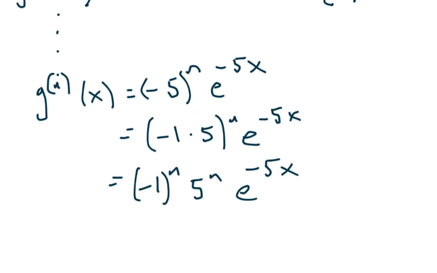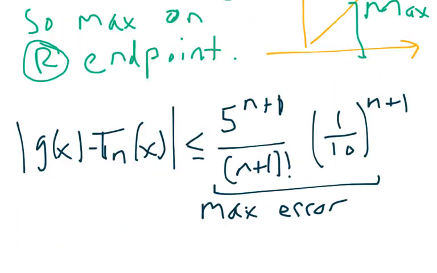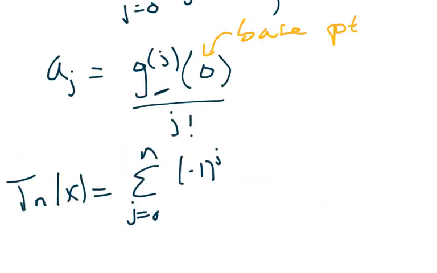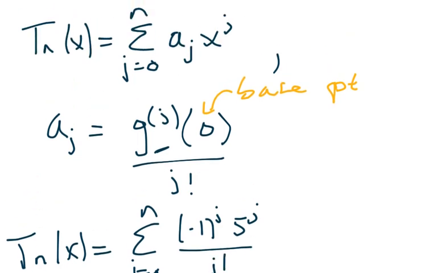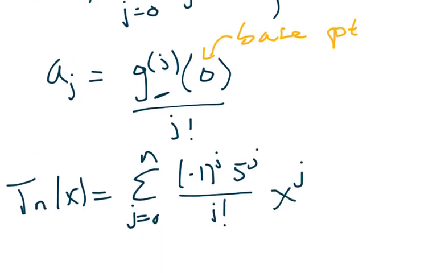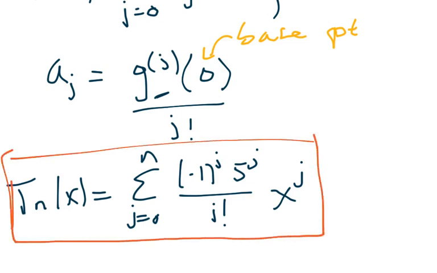We have minus 1 to the j, and then 5 to the j, and we plug in x equals 0, and we're just going to get 1 here. So minus 1 to the j times 5 to the j over j factorial, and then we need our x to the j. Okay, so that's our nth degree Taylor polynomial.